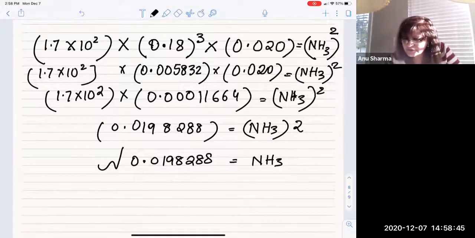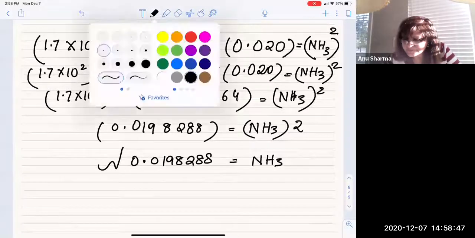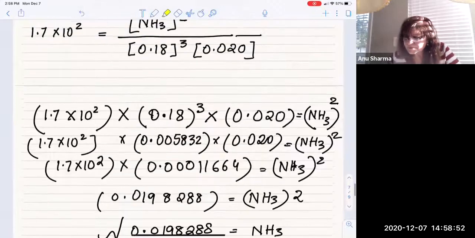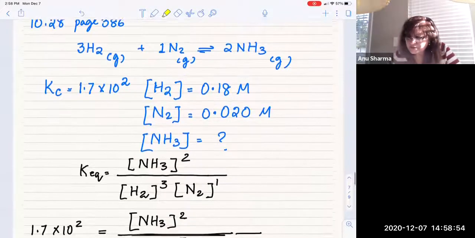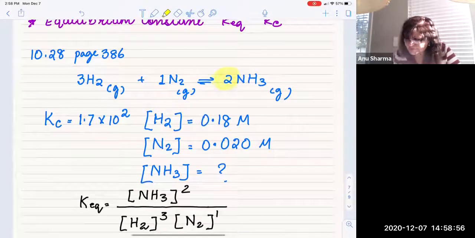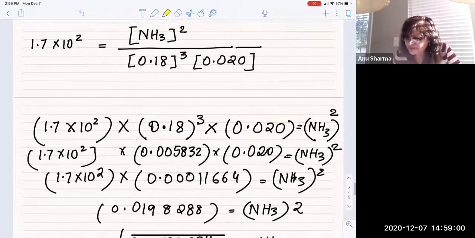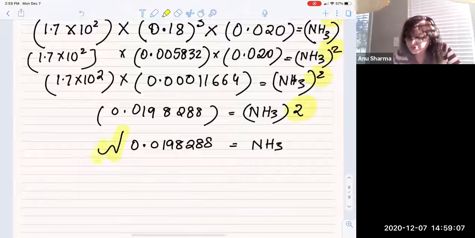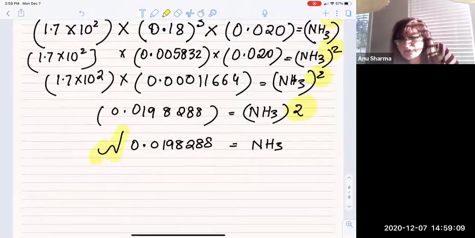Don't forget this part. Remember this is ammonia, this is 2. This comes here. And so if we are doing this, then we need to bring this also into the algebraic conversion. So what do you get here?